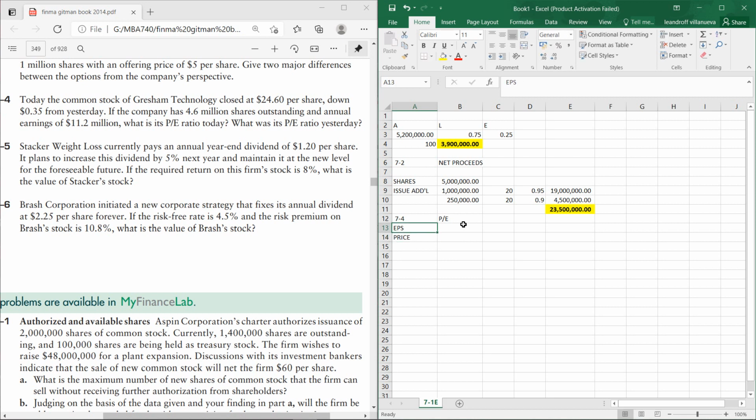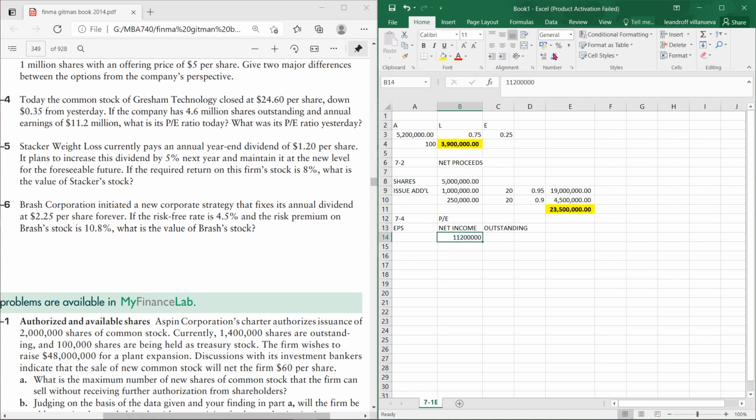And for earnings per share, we need to know the net income and the outstanding shares. Okay, let's look. Let me remove this price first. Now, how much is the net income? What were we told? Annual earnings, 11.2 million. So it is 11.2 million.